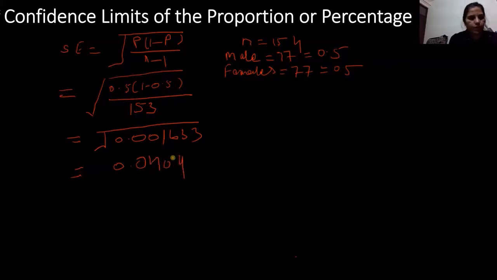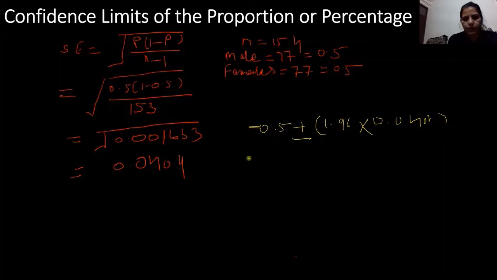Okay, now we will put these values into the confidence limits calculation: 0.5 plus or minus the z-score value, which is 1.96 for the 95% probability level, multiplied by the standard error, which is 0.0404.